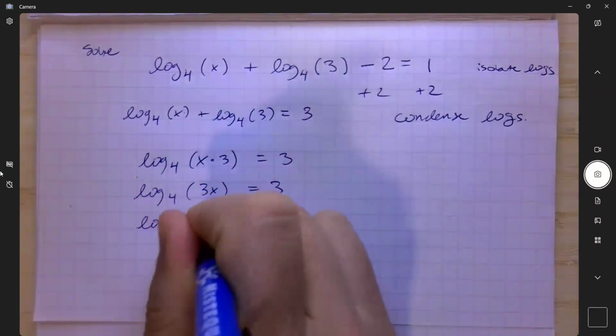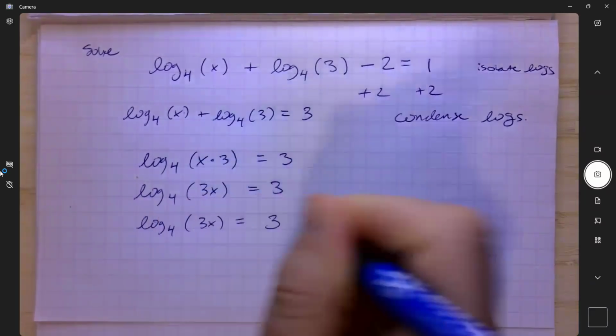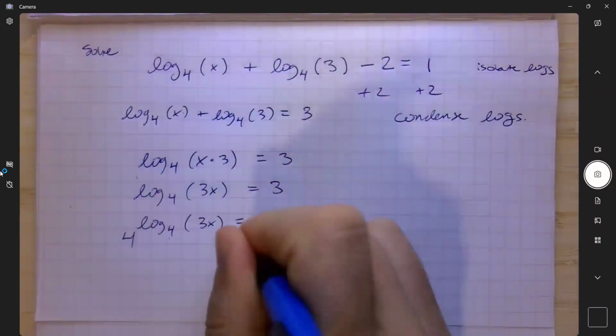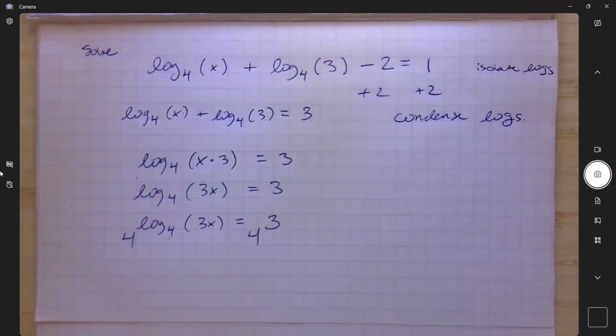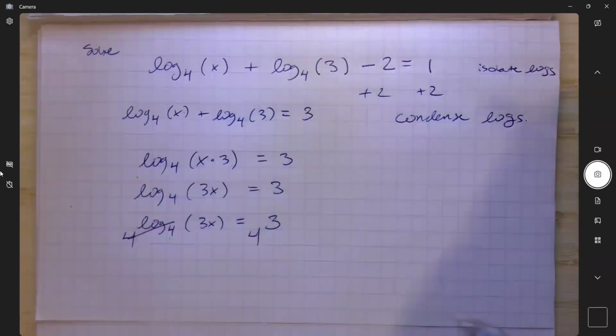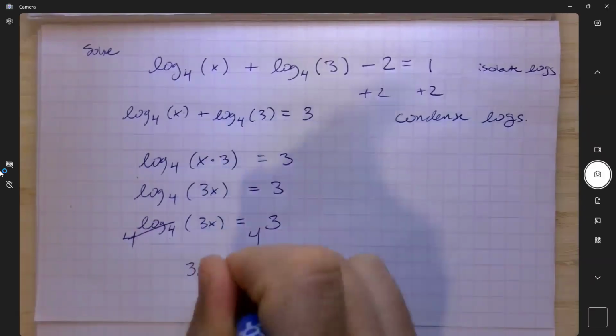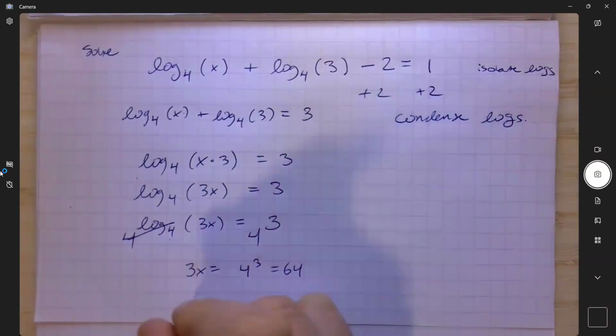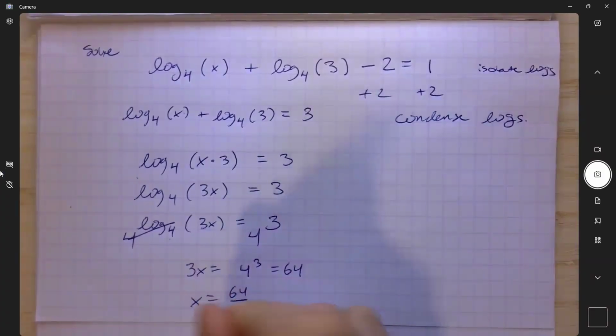And now I could write it in words, or I can say, there's my base 4, so I'm just going to turn each of these into an exponential, and then the 4 and the log cancel, and it gives me 3x equals 4 cubed. 4 cubed is 64, so x equals 64 over 3.